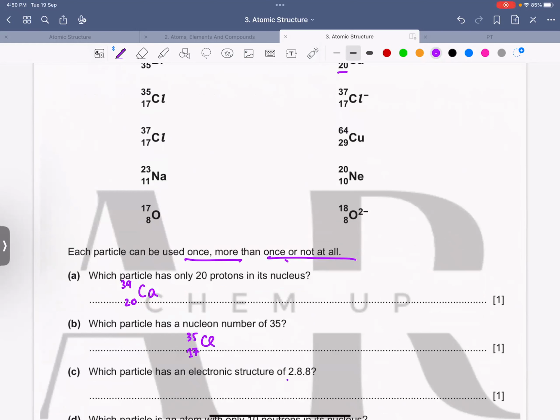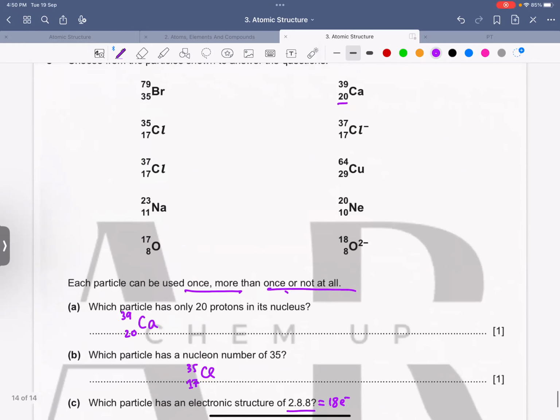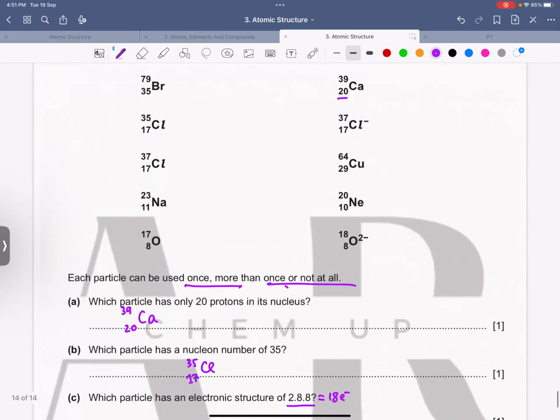So see, how many electrons? 18. So which one is going to have 18 electrons? Which chlorine? There are 3. 37 are nucleons and 17 is proton. So these are also 2.